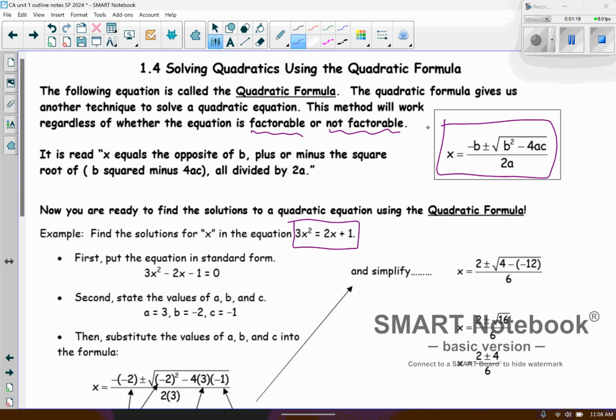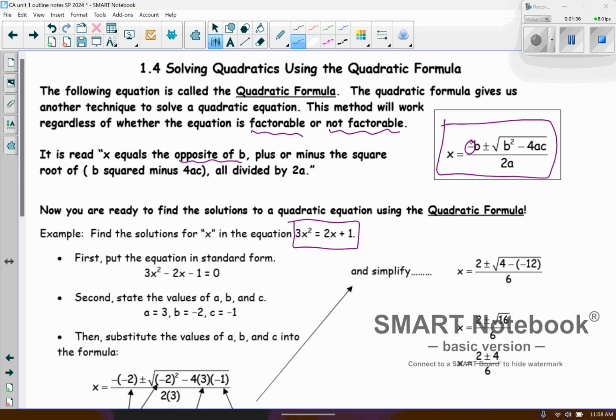So first, how do we even read the quadratic formula? Well, it's read x equals the opposite of b. Sometimes people say negative b, but a lot of times people like to say opposite to remind them that there's going to be a sign change there. So you can see right there we have that negative.